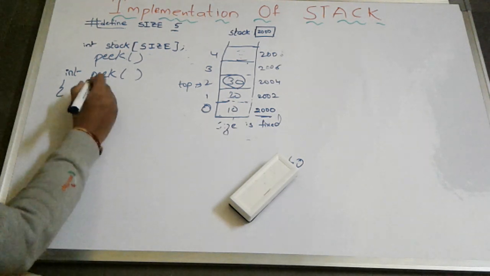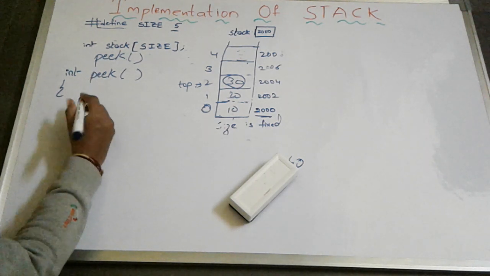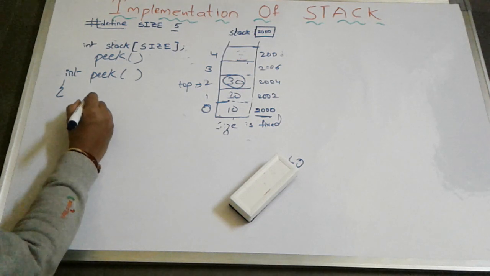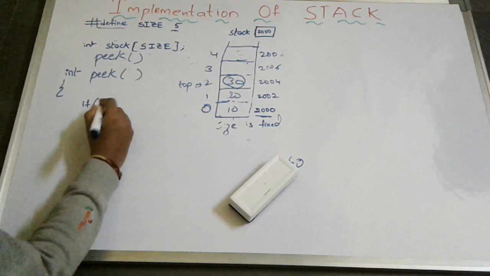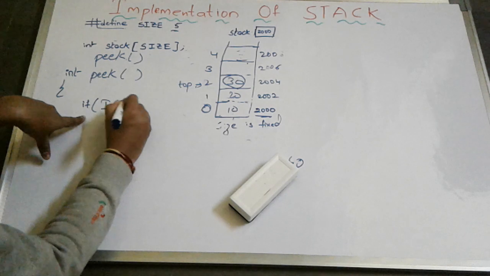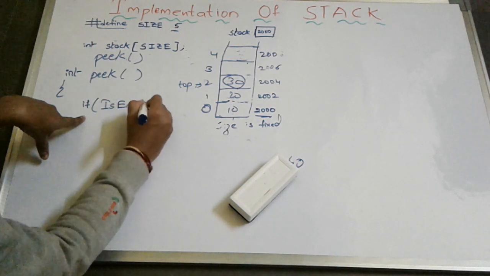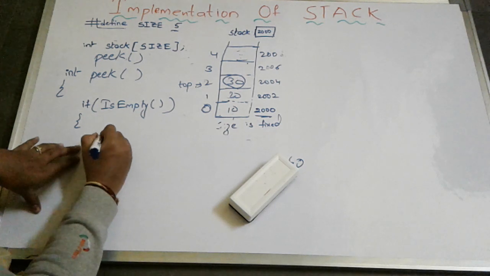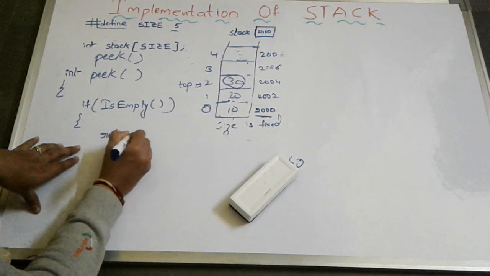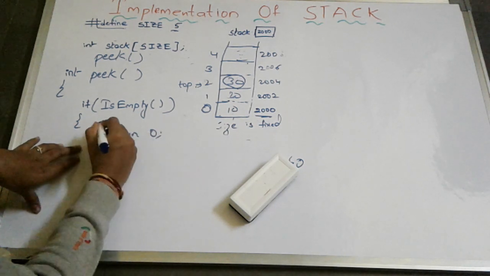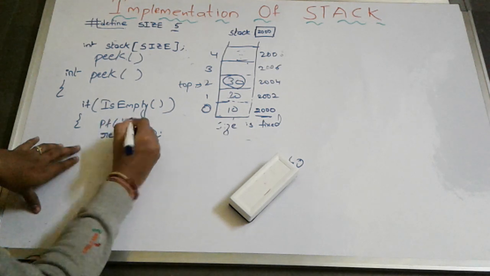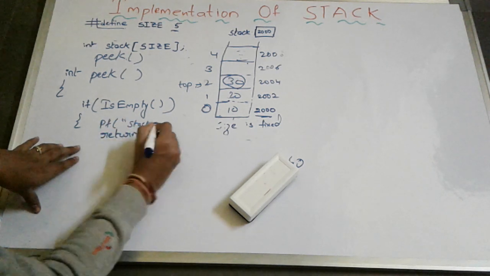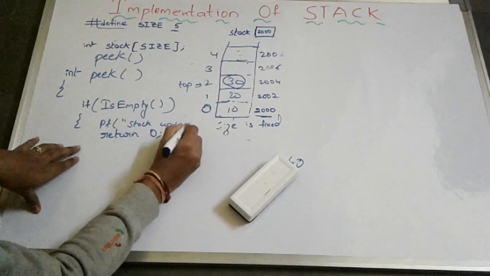And now peek just checks whether the stack is empty. If the stack is empty, then return 0, or else we can write a printf statement saying stack underflow or no elements in the stack, your wish.